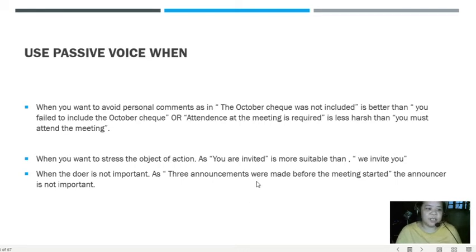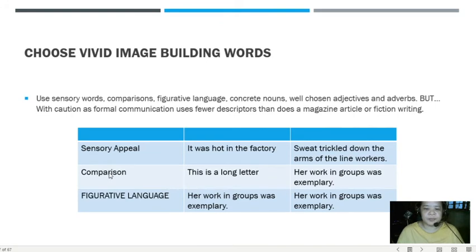Okay, preferably we focus on the active voice because it brings more life to your message. But sometimes you have to use passive voice, and these are the instances when we have to use it. Okay.